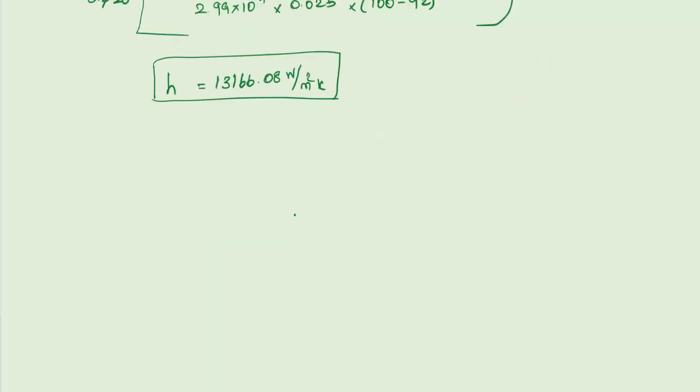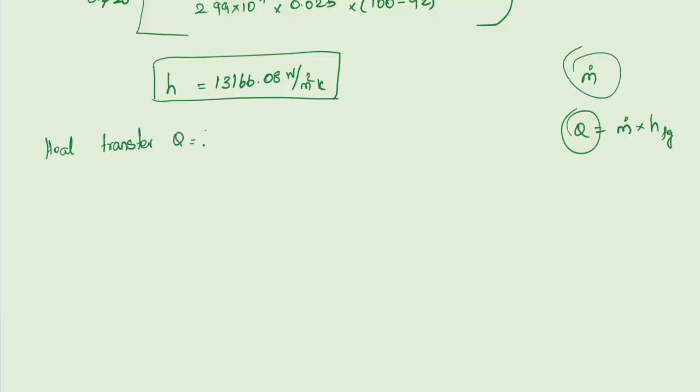Okay, second thing, find out the heat transfer value. In the second subdivision, you have to find out the rate of condensation, m dot value. You know the formula Q equal to m dot into HFG. So first thing, you have to find out the Q value. So heat transfer Q equal to H A into (T saturation minus TW).